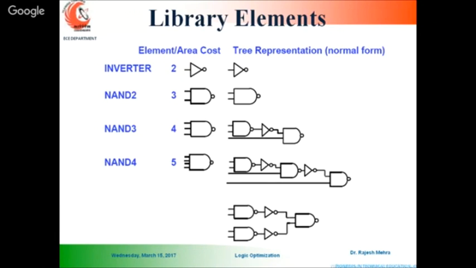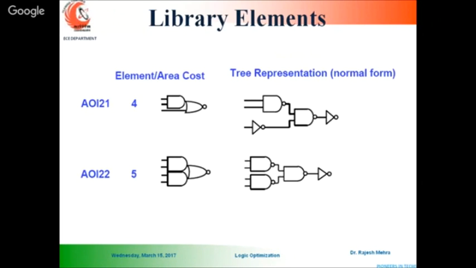Next is your 3 input NAND gate, right? Now the 3 input NAND gate has one representation. It is like this, right? The 4 input NAND gate can be represented in two ways. Here you can see that it can be represented by this, or it can be represented by this.